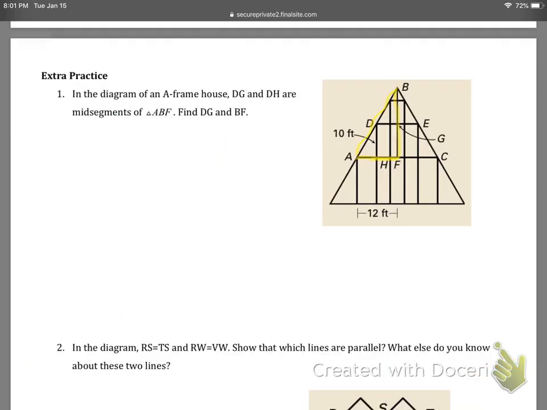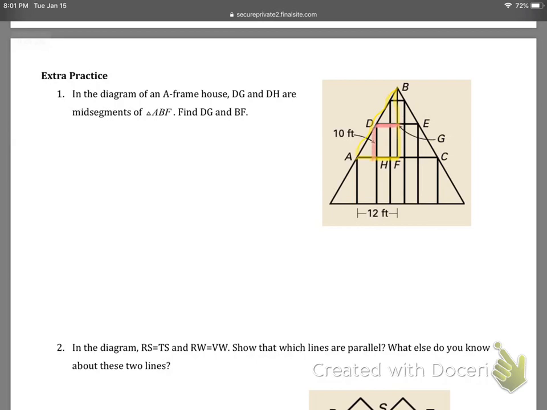All right, now look at this extra practice problem. It says, in the diagram of an A-frame house, okay, that looks like a bit of a confusing diagram. So I'm seeing DG, I'm just going to change my highlight here. This is DG right here. DG and DH. Here's DH right here.